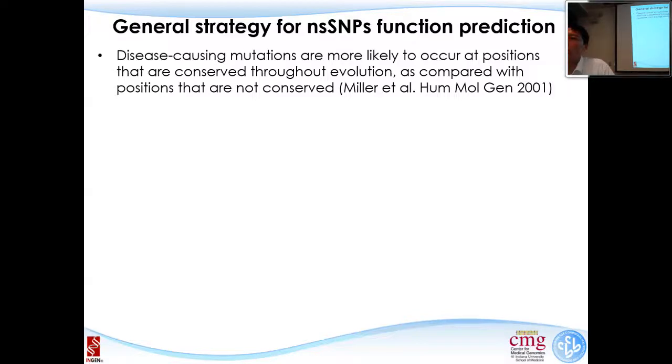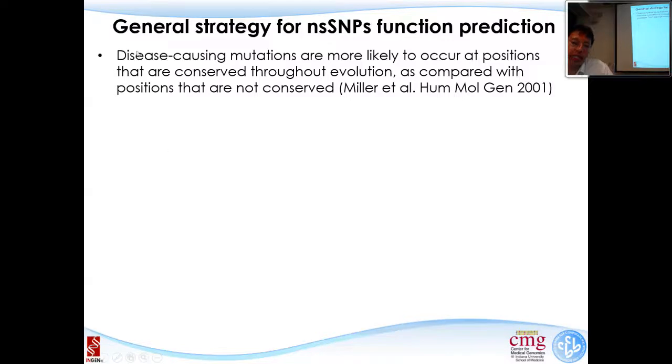Therefore, there is a strong need. We know that for every human, we're expecting about 40,000 non-synonymous SNPs, and it's unlikely that every single one of them will be useful. In that case, we need to do functional prioritization for the non-synonymous SNPs.